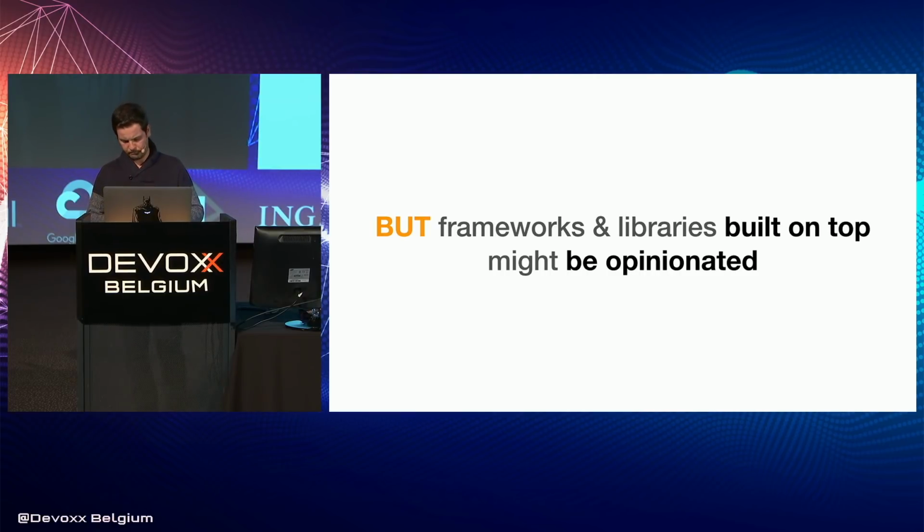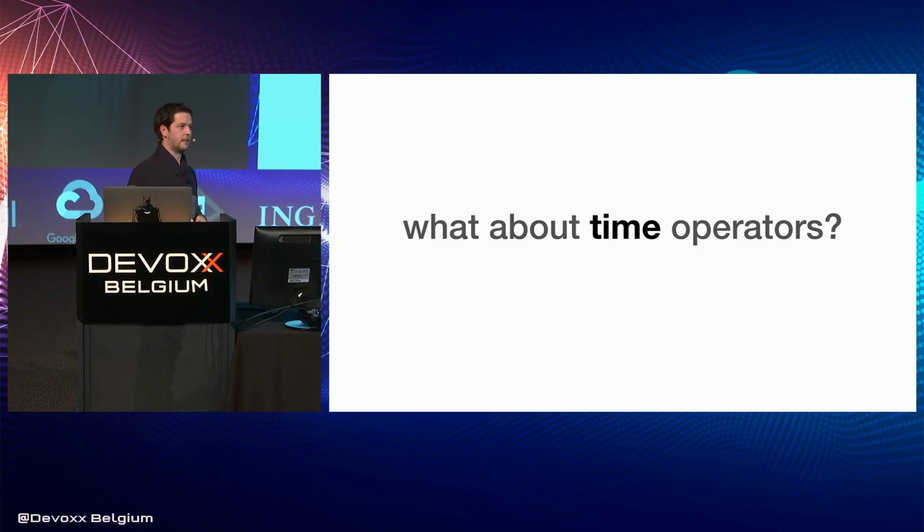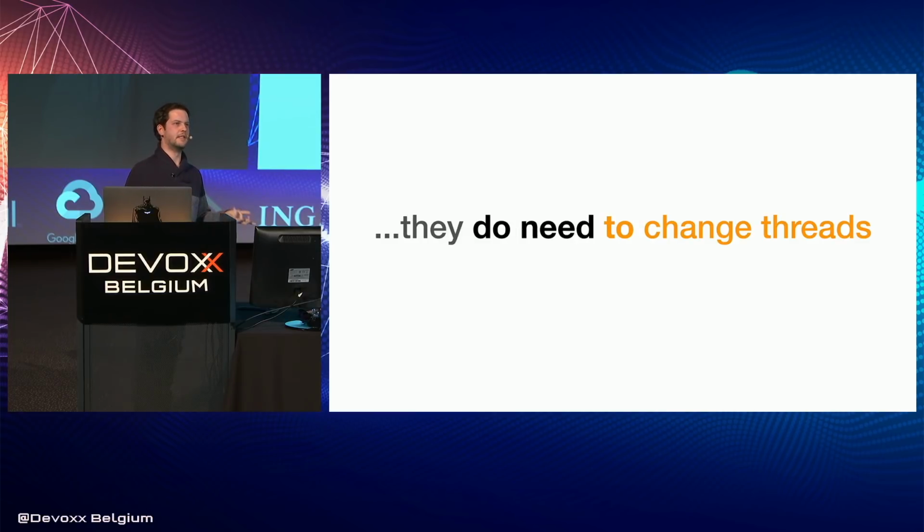There's one exception. You might notice that there are a lot of time-related operators as well. So generating a time interval, a delay, kind of the reactive equivalent to a Thread.sleep. And these need to change threads because otherwise they would be blocking the main thread.